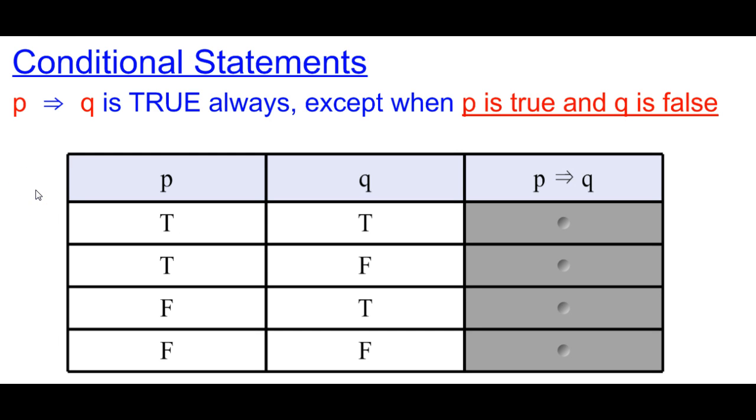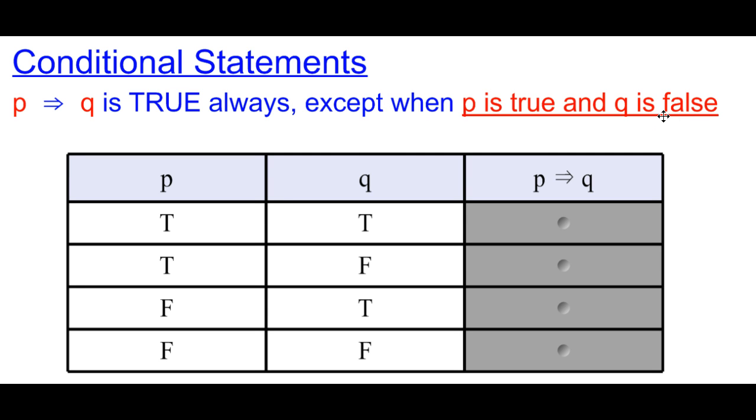So just like all the other statements, the conditional statement also has a rule to follow, right? If P then Q is always true, except for when P is true and Q is false. All right, so let me read that again.